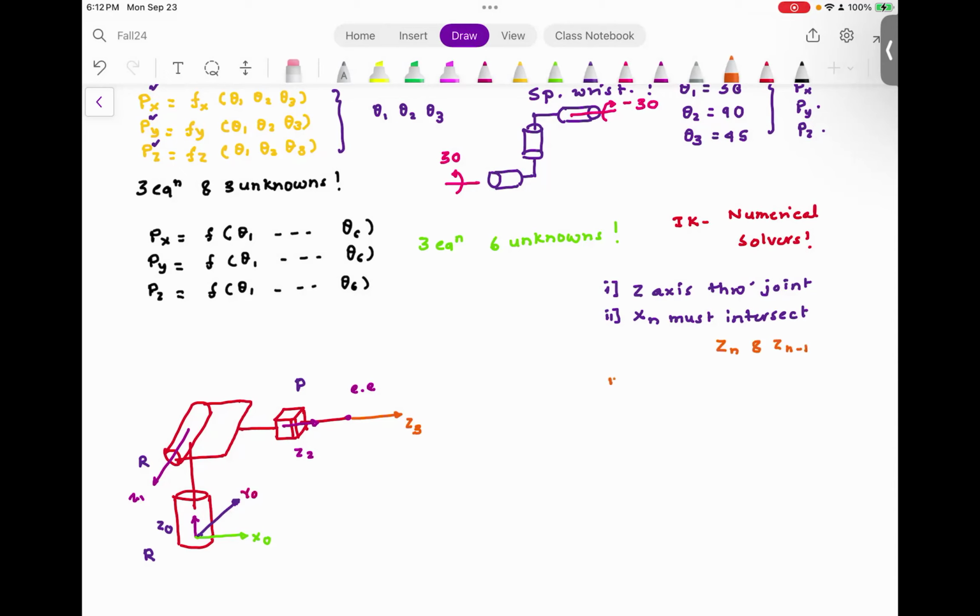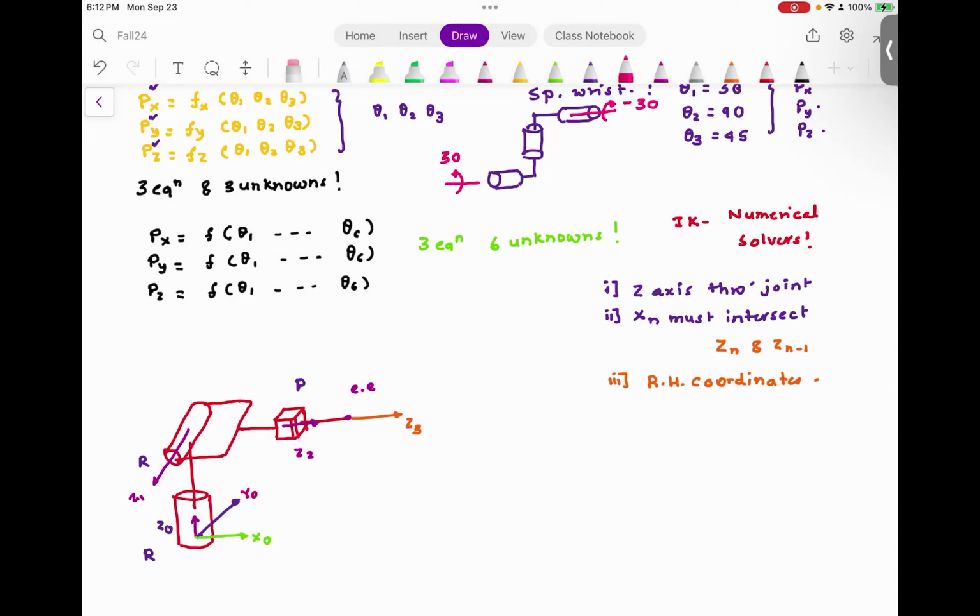And the last thing, we need to have a triad, so RH, right hand coordinate system. So this is what we are looking at.